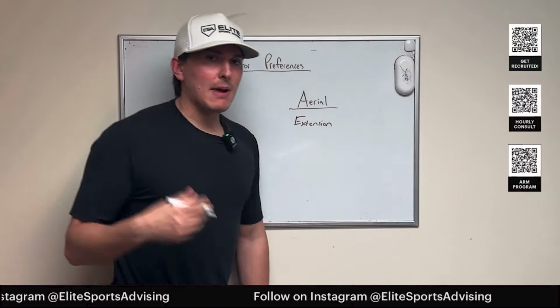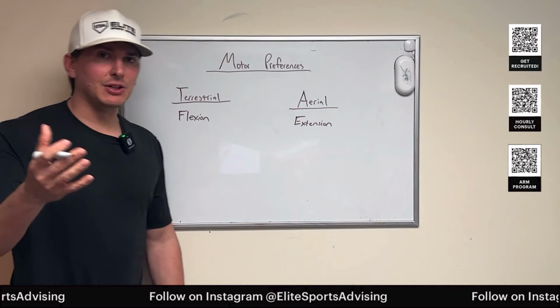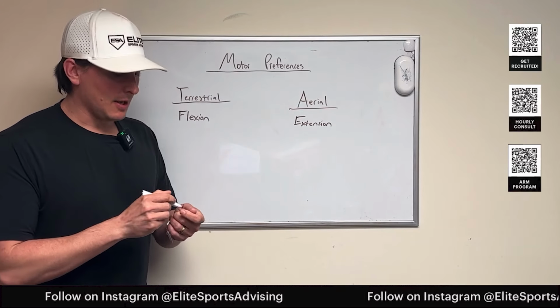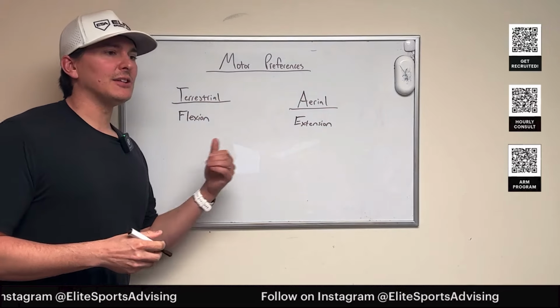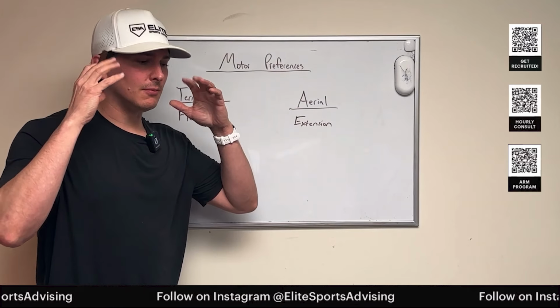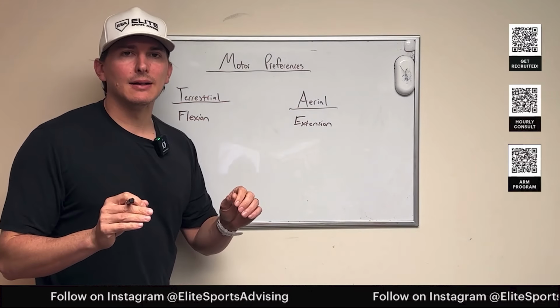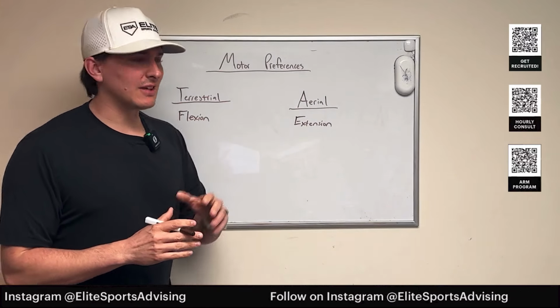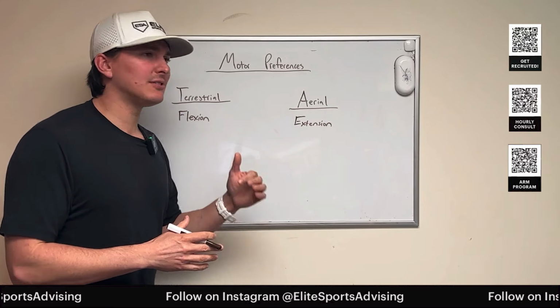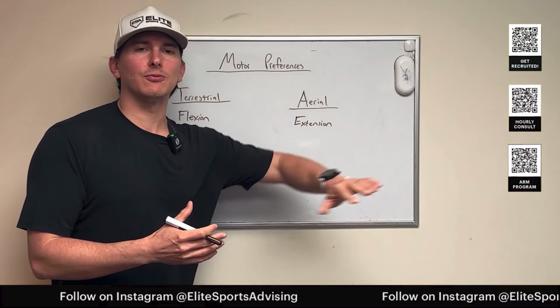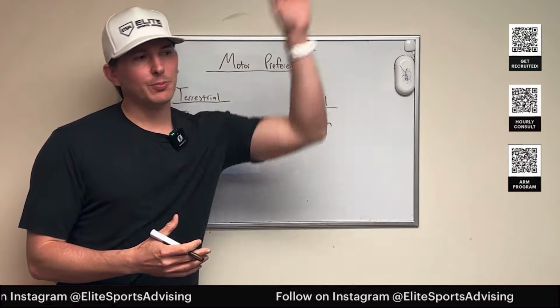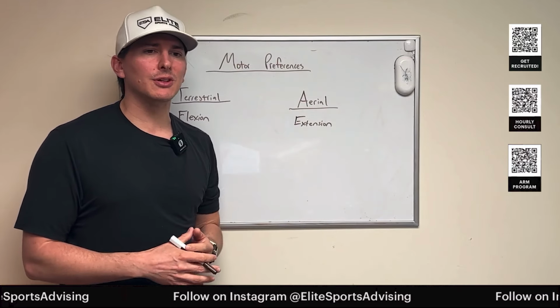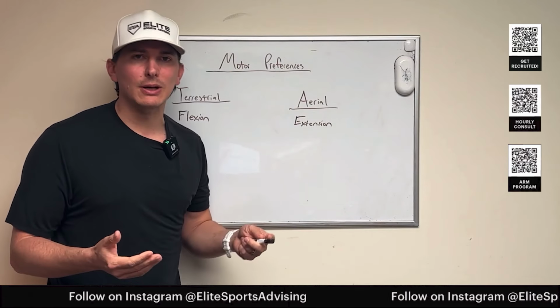And what Matt talks about in a lot of the videos you can see online, but also in the book, is that this was the thing that blew his mind about development, because I always worked with guys where these drills would work for a lot of guys, and then there would be those few guys where you give them the drill and it just doesn't look good, they can't do it.